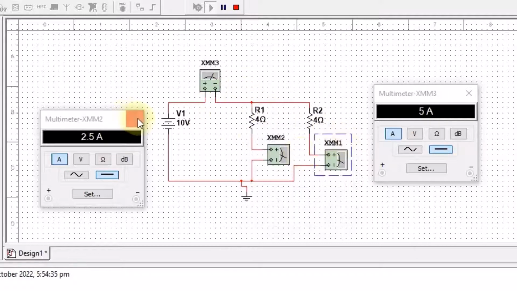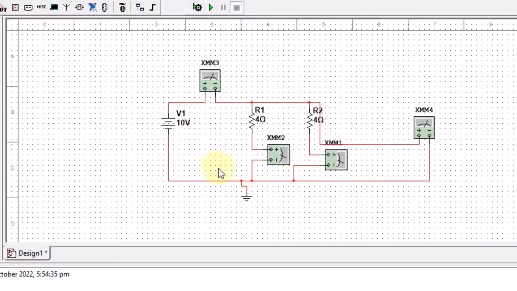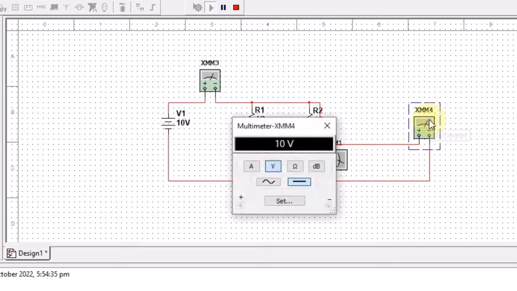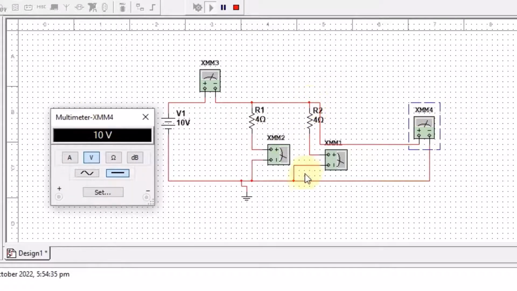Okay, in order to check the voltage in these resistors, let me stop it and use this multimeter for checking the voltage here. I will see that the voltage here will be 10 volts. Let me run it, and after running it I will see that the voltage across it is 10 volts.